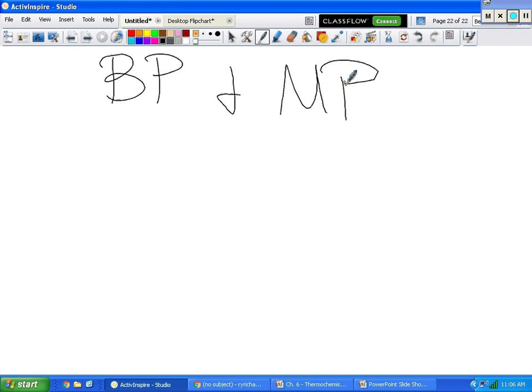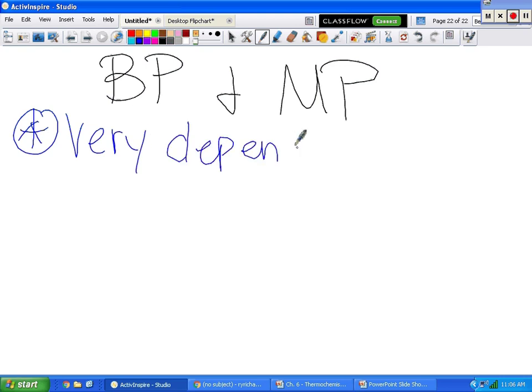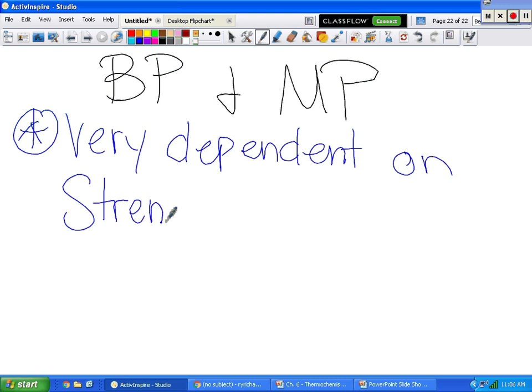Boiling point and melting point. These are very dependent on strengths of IMF.